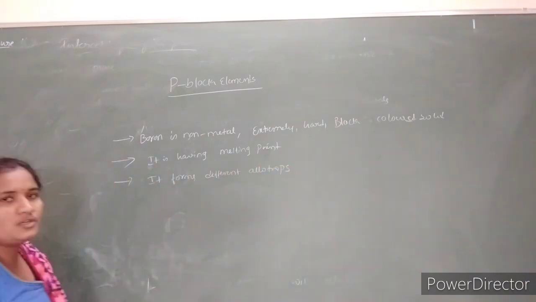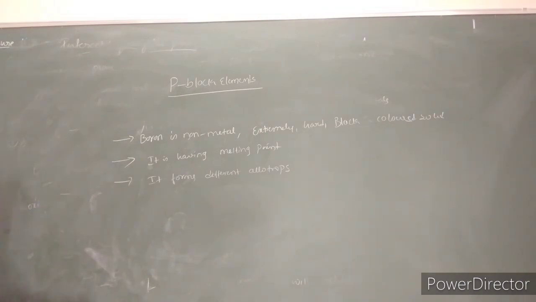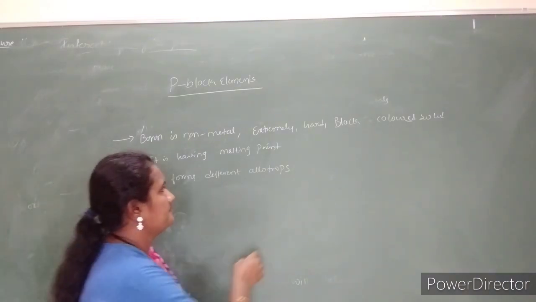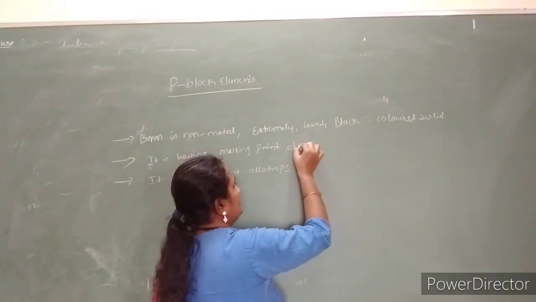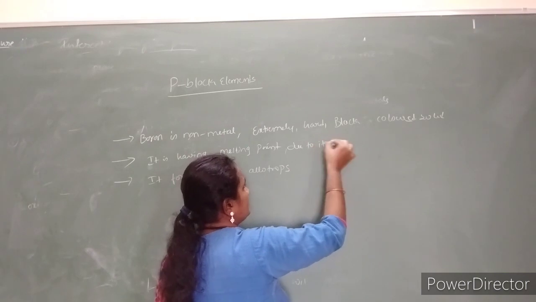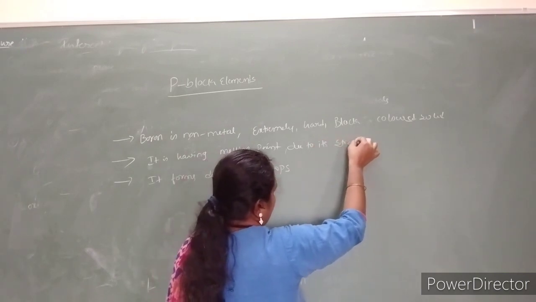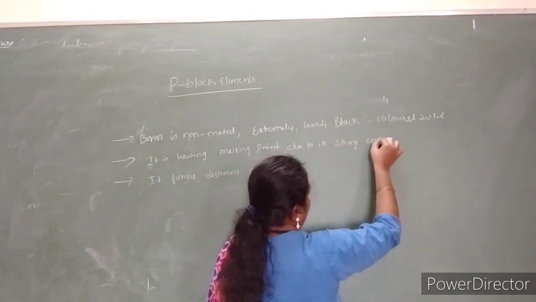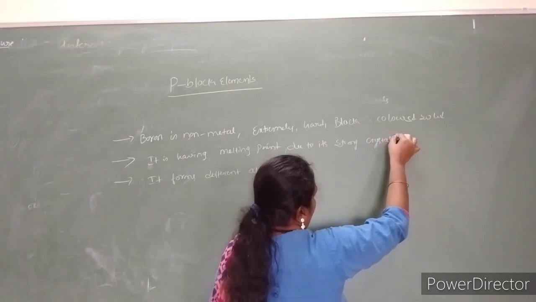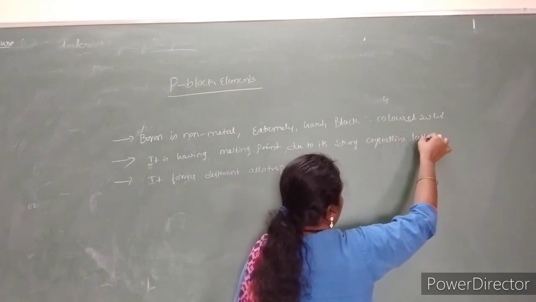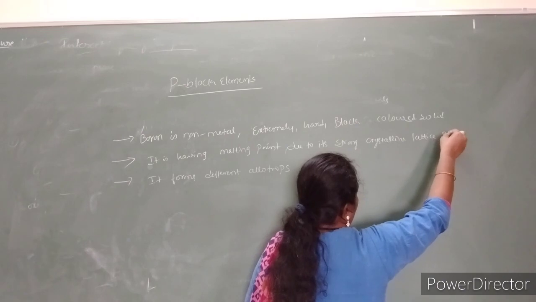But as we move down the group, the non-metallic character decreases, and boron exhibits a high melting point due to its strong crystalline lattice structure.